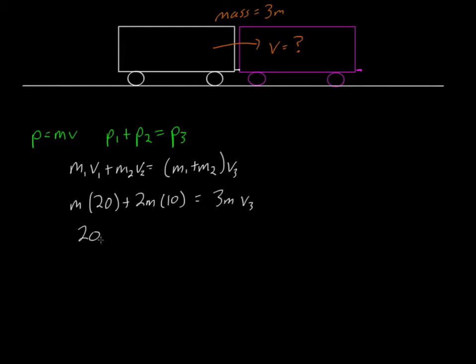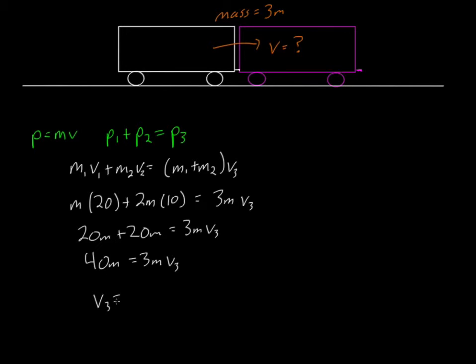So therefore we have 20m plus 20m equals 3m times V3. So that gives us 40m equals 3m times V3.